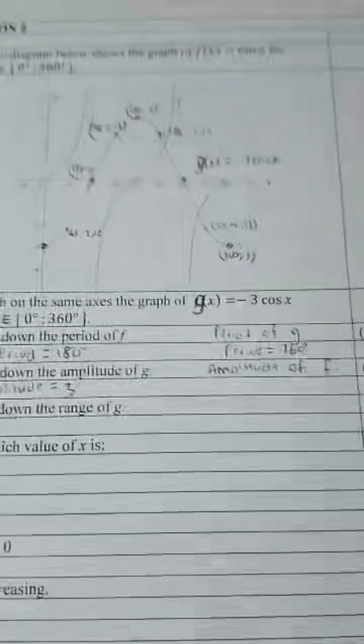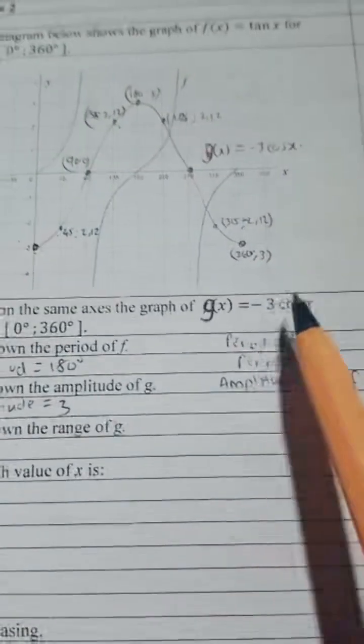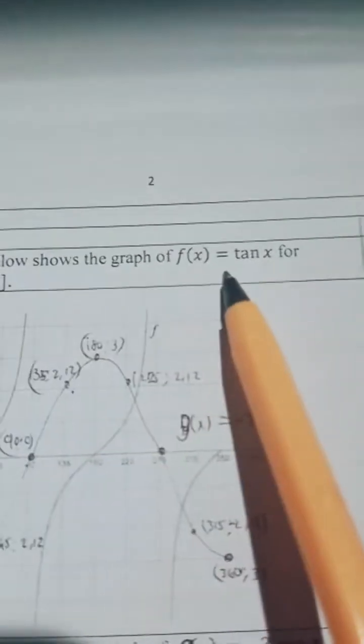And I'm sure you guys can probably understand why maybe someone would say that the amplitude of the tan graph is 1, okay?